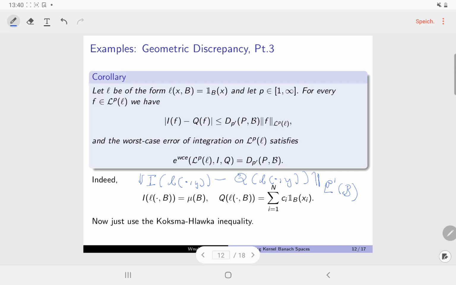Now one easily sees that the integral of L is just the measure of B, and the quadrature of L gives just this empirical measure of B. So in this way, the integration error is indeed the LP prime geometric discrepancy.